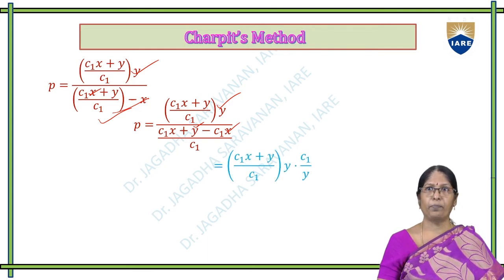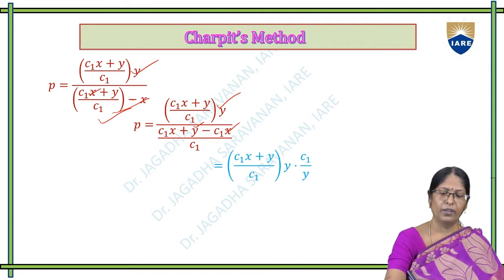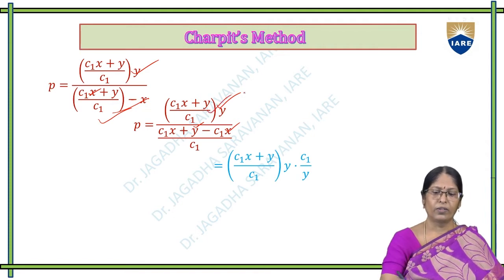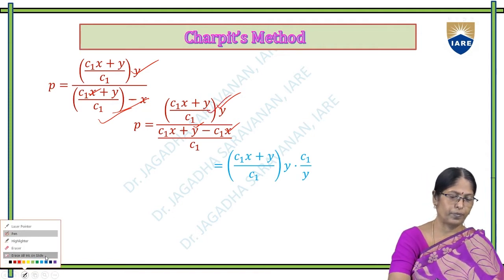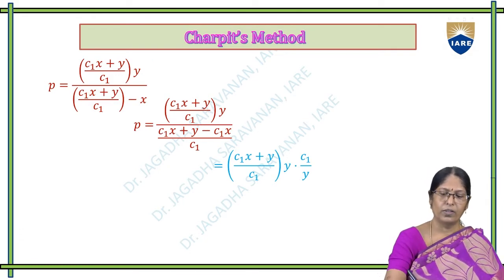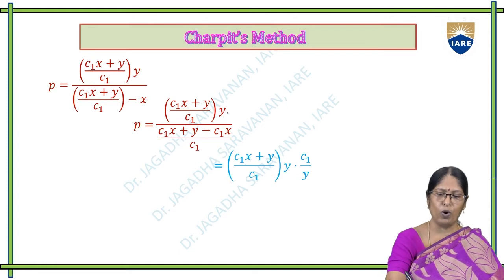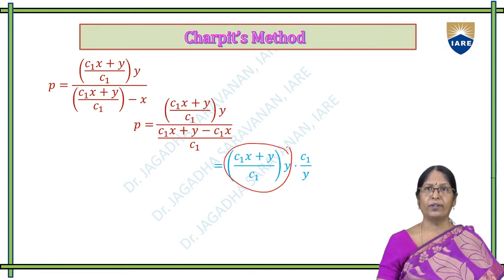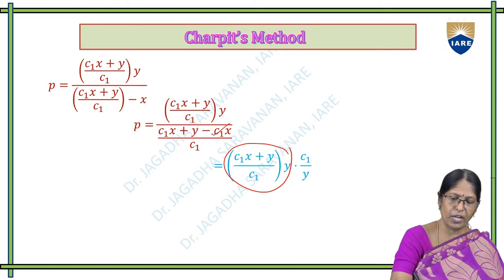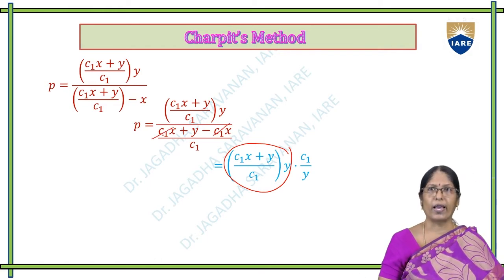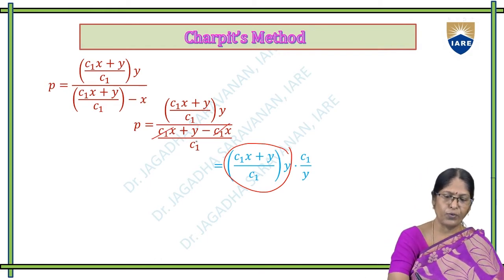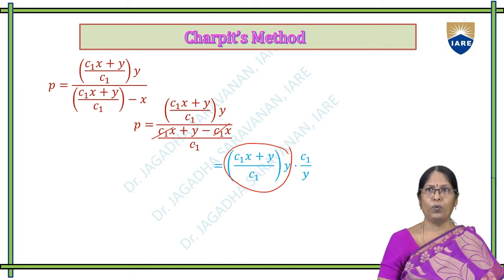The next step is here: c1x plus y divided by c1 times y. That is completely our numerator, which we have written without any change. Whereas in the denominator part, these two are cancelled, so the leftover is y by c1.